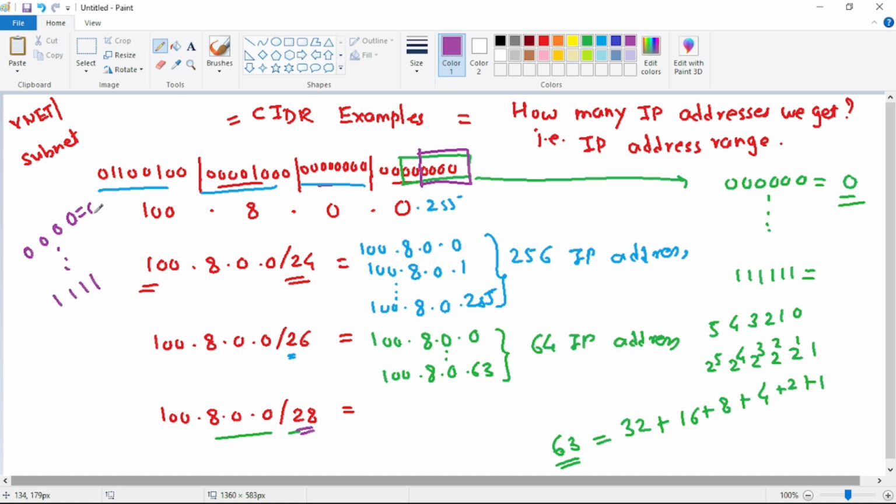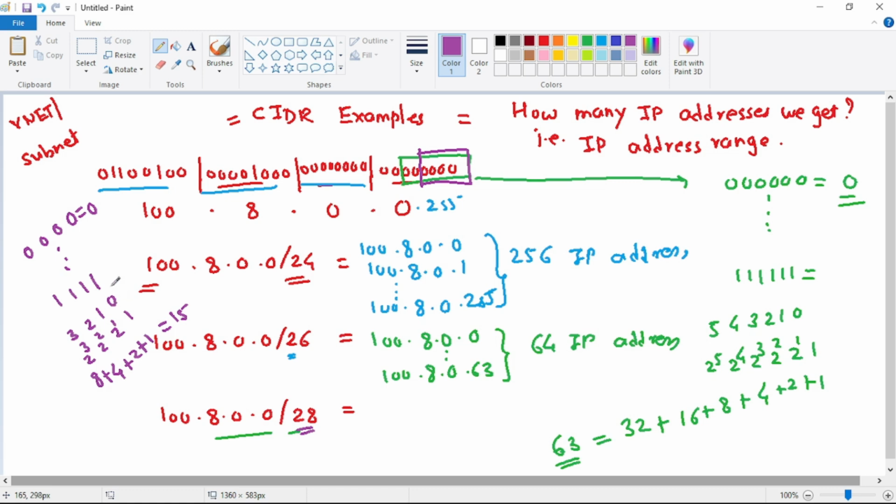Again this 0 means 0, and for the ones let's find the positions. This is position 0, this is the first position, this is second, this is third. The first position means 2 raised to 1, second means 2 raised to 2, third means 2 raised to 3. So it comes out 8 plus 4 plus 2 plus 1, that means 15.